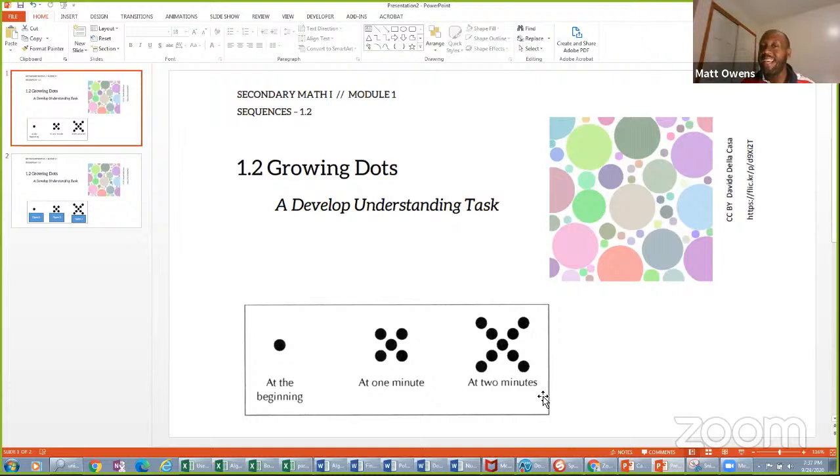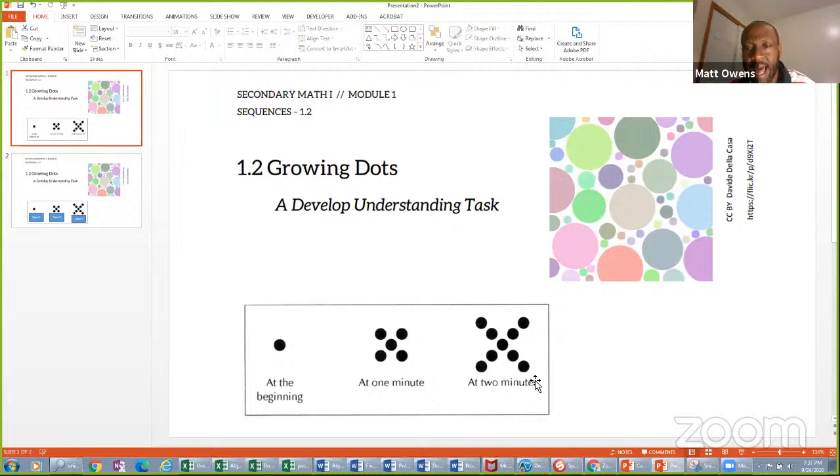And I love this task because the independent variable is based on time, which really has a lot to do with change because something is changing at every particular minute interval. So we have 1 dot at the beginning, 5 dots at the first minute, and it looks like we have 9 dots at the second minute.